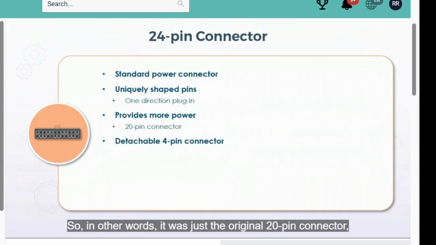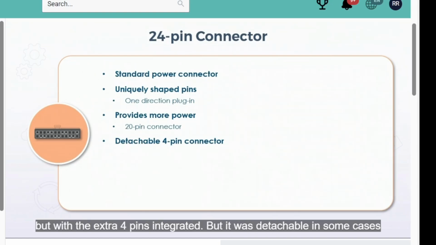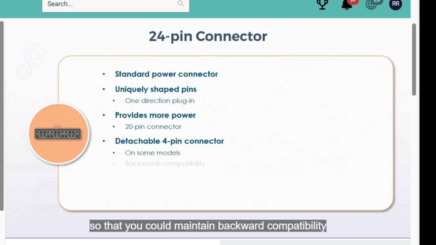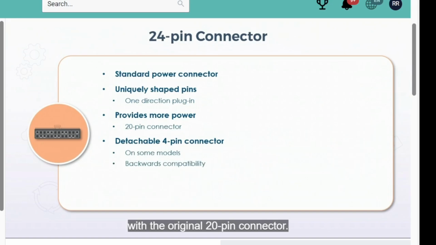So, in other words, it was just the original 20-pin connector, but with the extra 4 pins integrated. But it was detachable in some cases so that you could maintain backward compatibility with the original 20-pin connector.